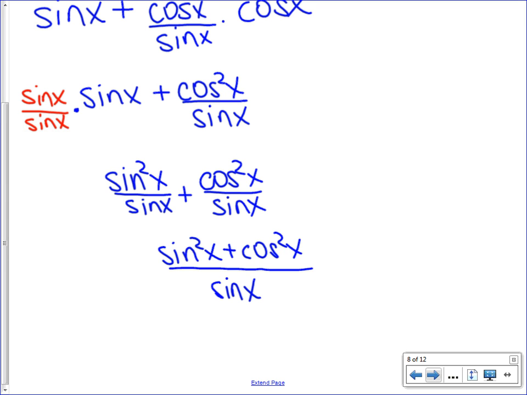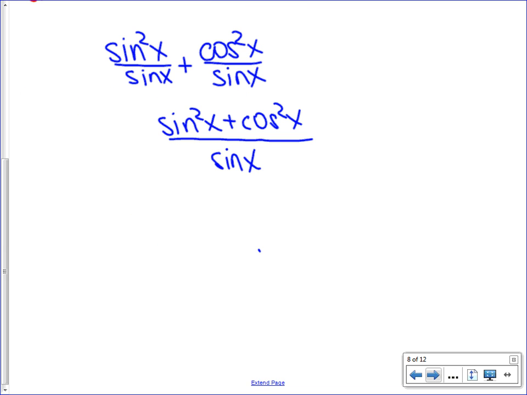I added them together for one fraction. Now, what do you all notice in the numerator? This is our Pythagorean identity. What is sine squared plus cosine squared? It is 1. So we have 1 over the sine of x, which is cosecant.